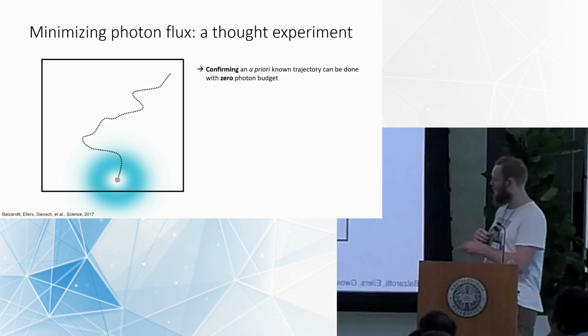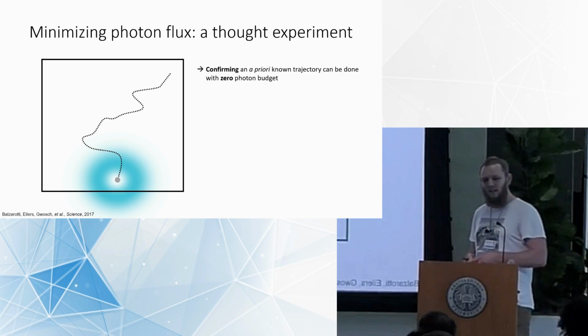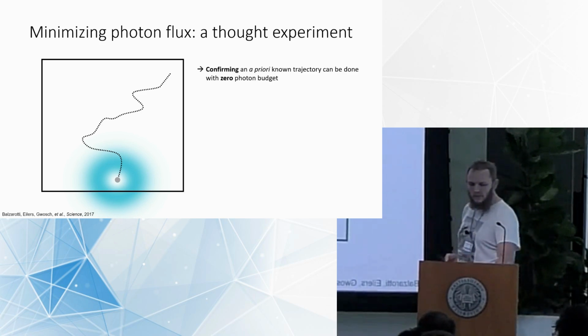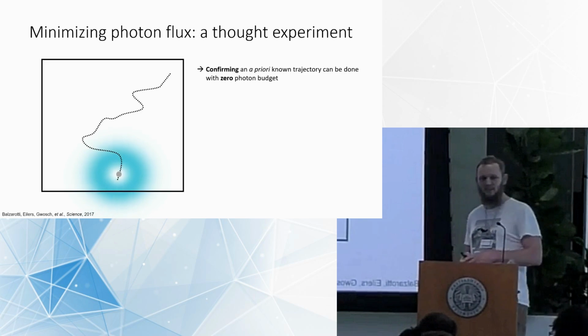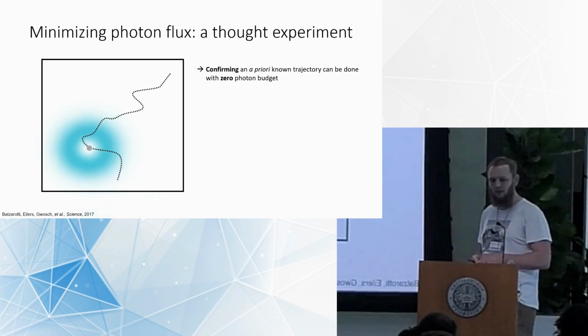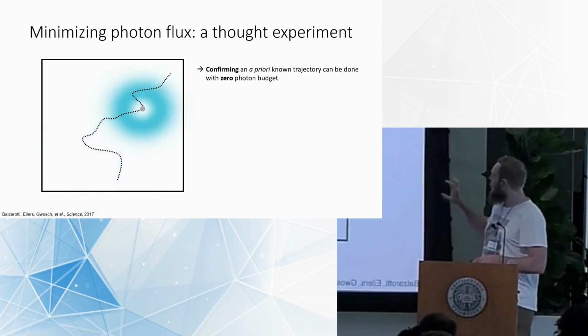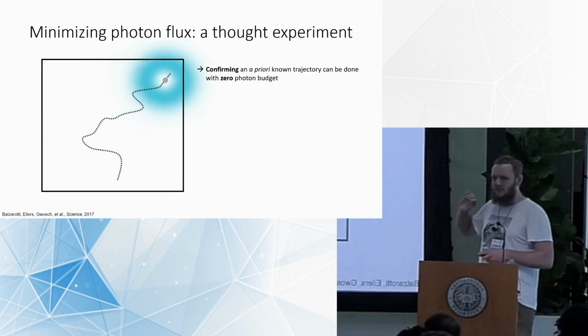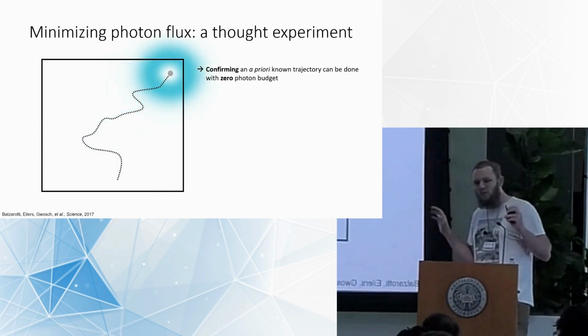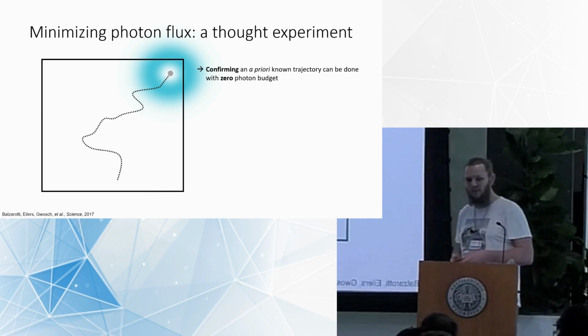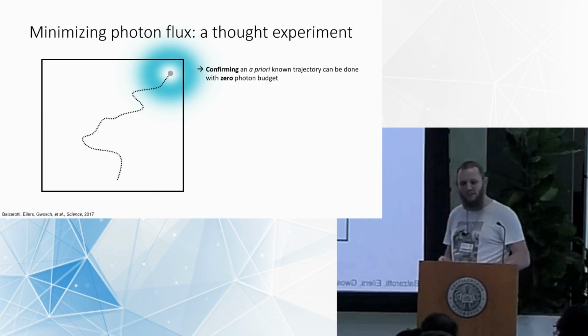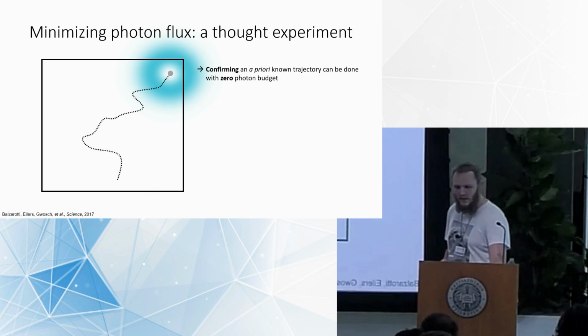You can see I put it gray, it's dark now, we can't see it. And we can basically just trace this a priori known trajectory of the fluorophore with the donut. And as long as we don't get any emission, we have a confirmation that we actually correctly predicted the trajectory.